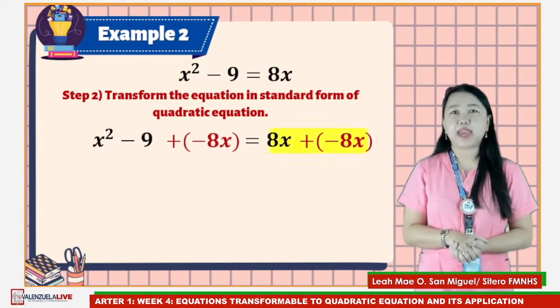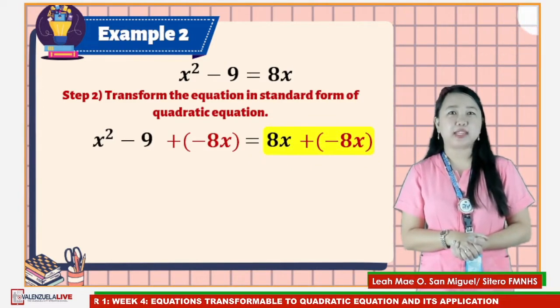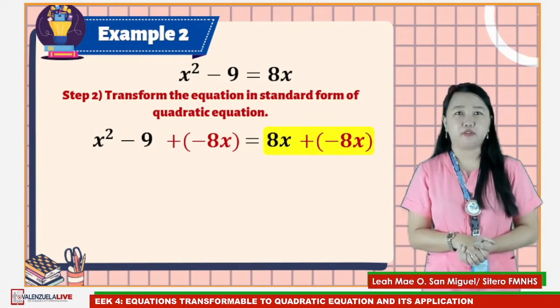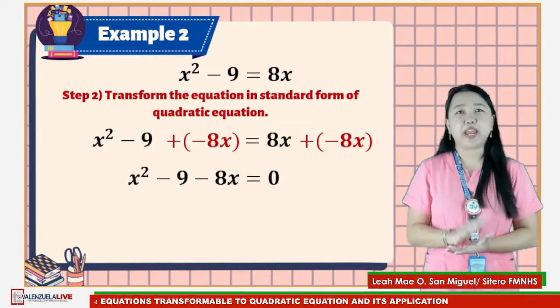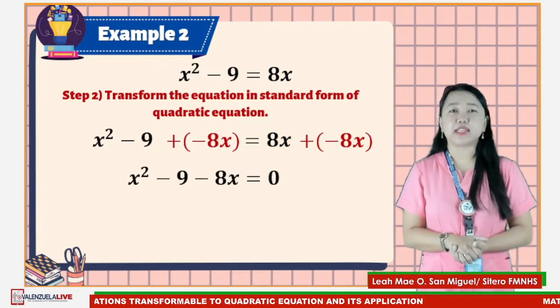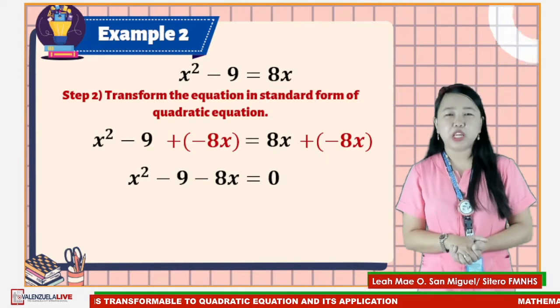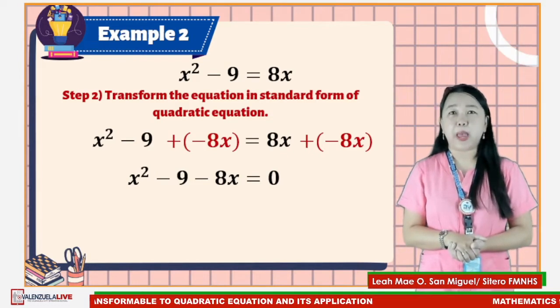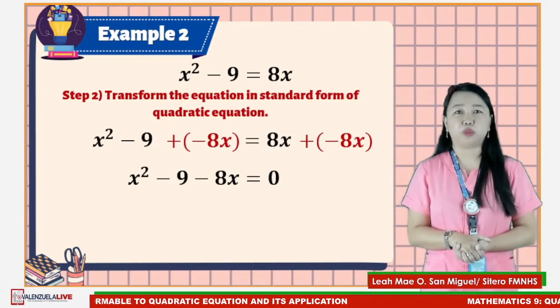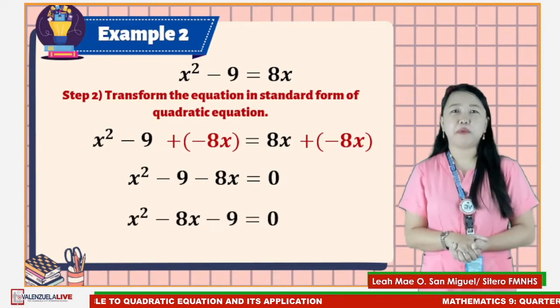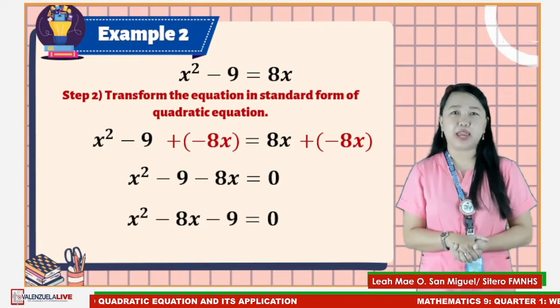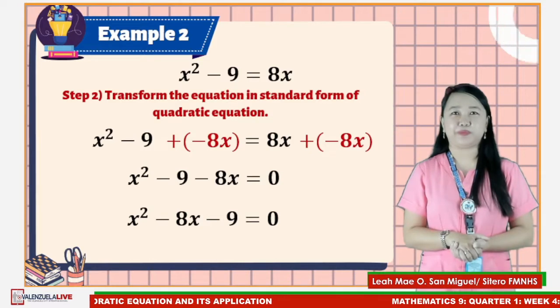Simplify. 8x plus negative 8x is equal to 0. This gives us x squared minus 9 minus 8x is equal to 0. Arrange the terms in descending order based on exponents. It will be x squared minus 8x minus 9 is equal to 0.